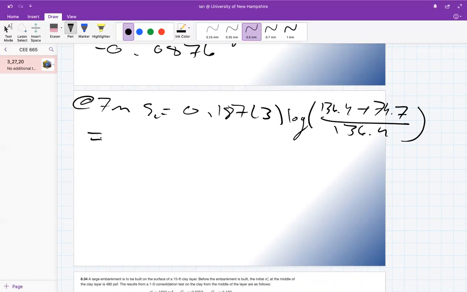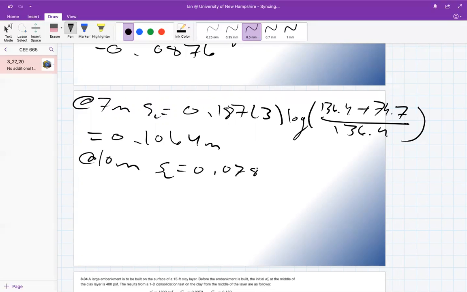So we get 0.1064 meters. And then we'll just do the same thing at 10 meters. At 10 meters, our SC, once we do the math, equals 0.0785. So once we've determined all of this, we are just going to add them up.